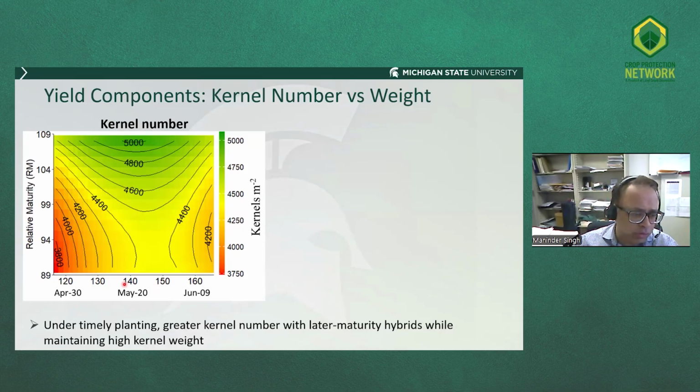And you can see as we were pushing towards those early season plantings, we did increase our number of kernels. We were approaching more than 5,000 per square meter compared to 4,000 or even lower than that, right? So typically what happens is if we push higher number of kernels, our kernel weight might go down and you gain nothing, right?